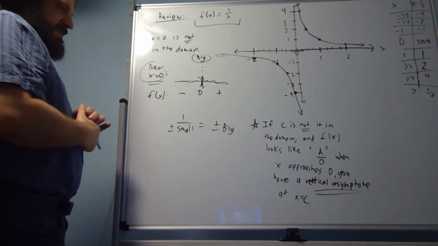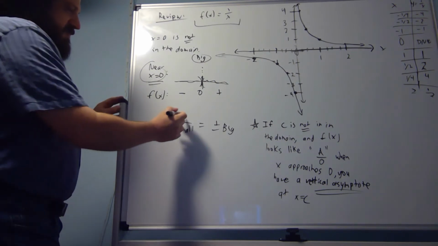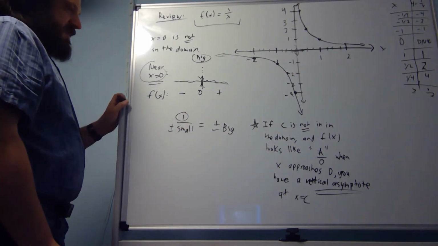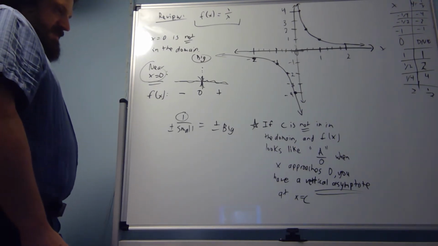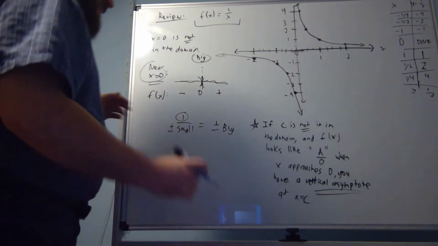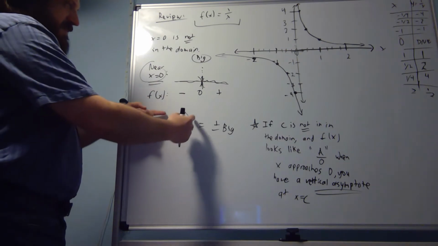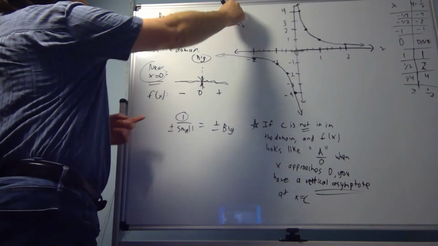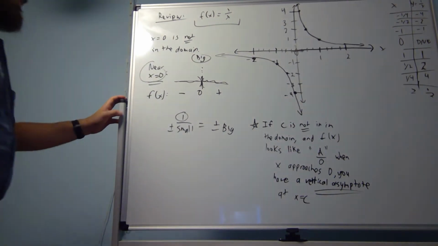So you have this point that's in the domain, and the numerator is either a constant or approaches some number. So basically here we have 1 divided by 0, quote unquote. When you plug in 0, the numerator wants to be 1, but the denominator wants to be 0.